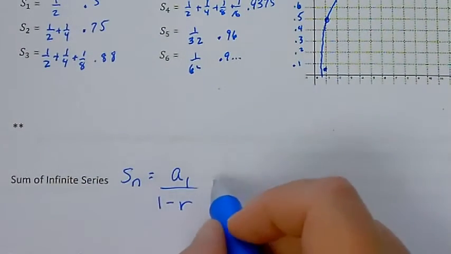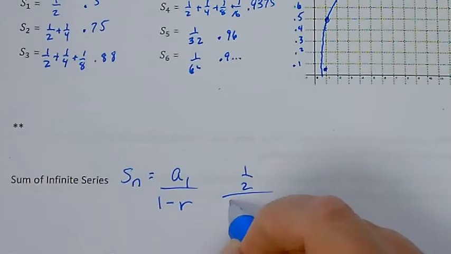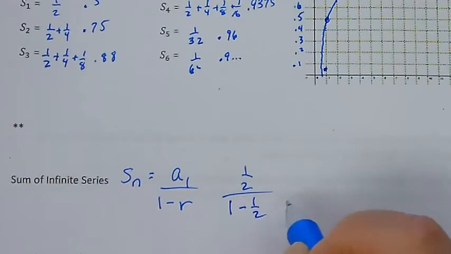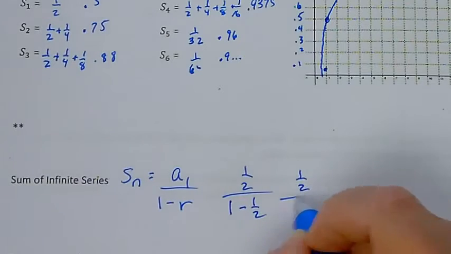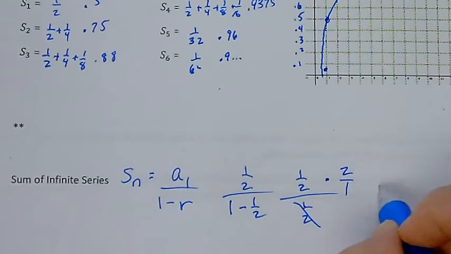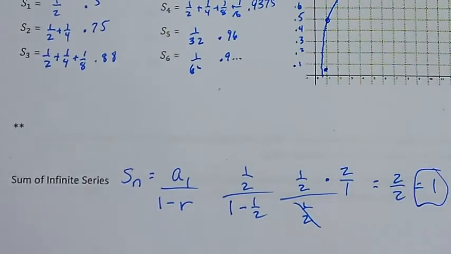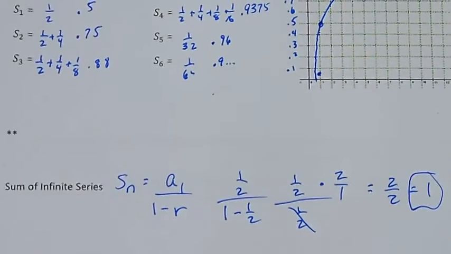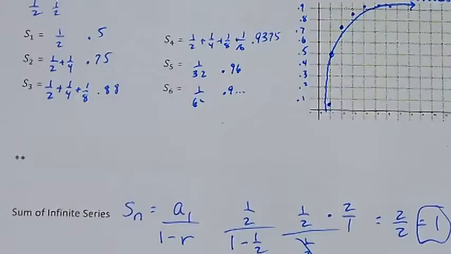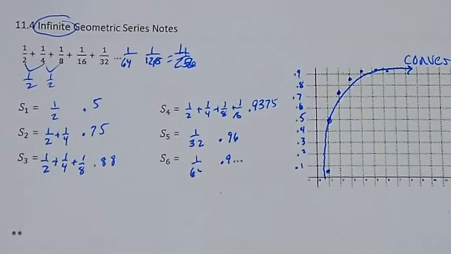If I have the first term as 1/2 and I divide it by 1 minus 1/2, I have 1/2 divided by a half, which is 2/2, which is 1. So we would say this one converges at 1, and we could see that on a graph.